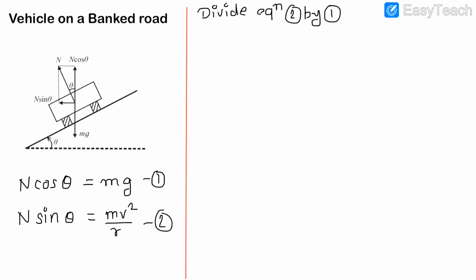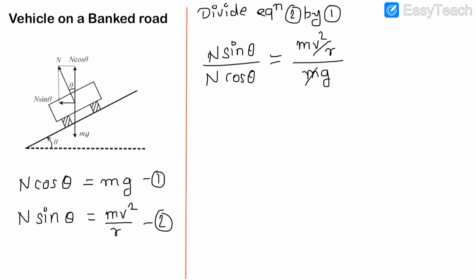Divide equation number 2 by equation number 1, we get N sin theta divided by N cos theta is equal to m v square by r divided by mg. Here m and N cancel.